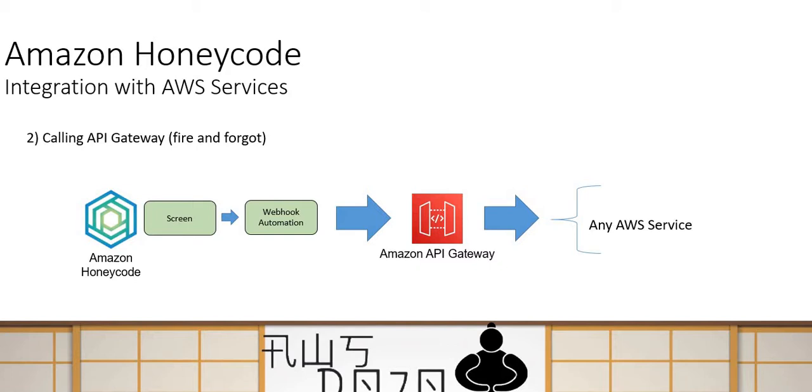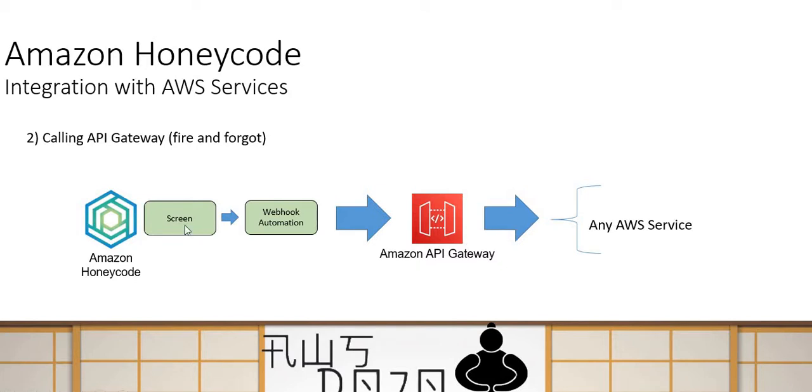So if you want to create a request-response kind of behavior, you have to do it in a different way, and I will talk about that as well. But let's start with this one first, where you have a webhook automation that can call an API, and then in a fire and forget mode, that API can call any other AWS services.